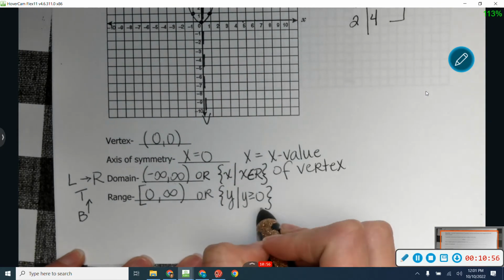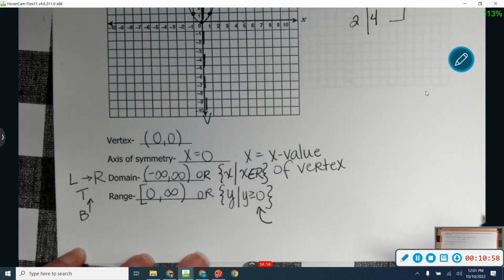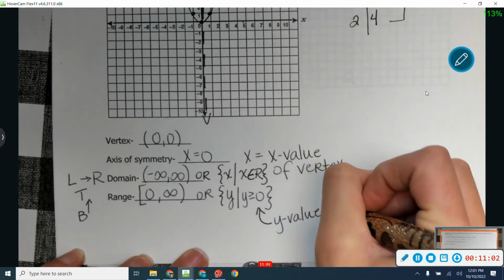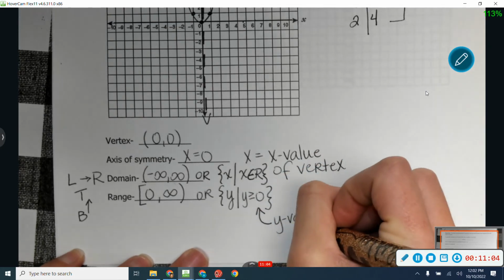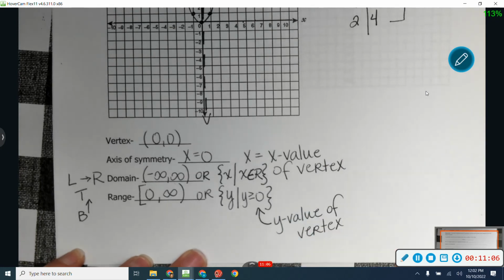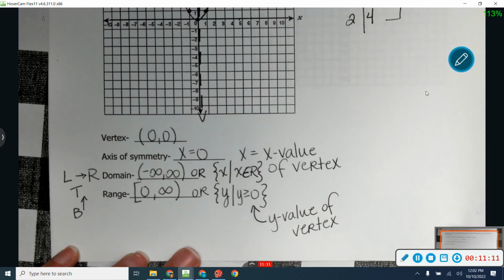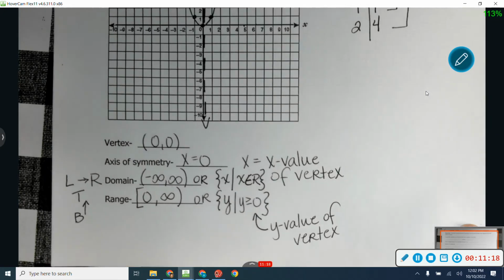Your range, that y value, will always be the y value of the vertex because your vertex is your highest or lowest point. Okay, good with that? Alright.